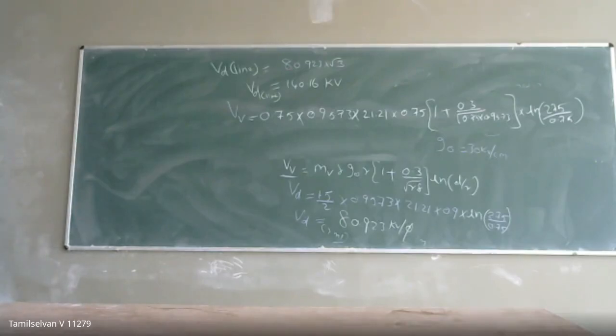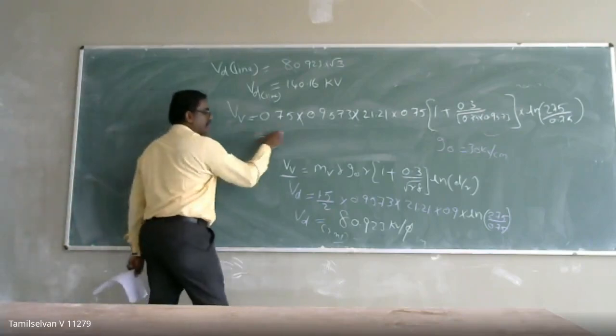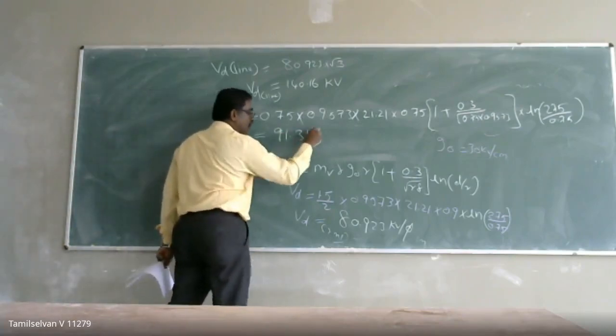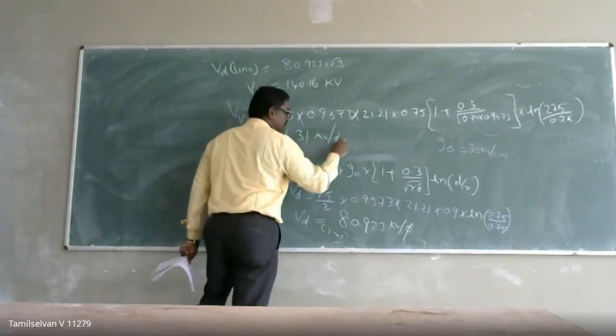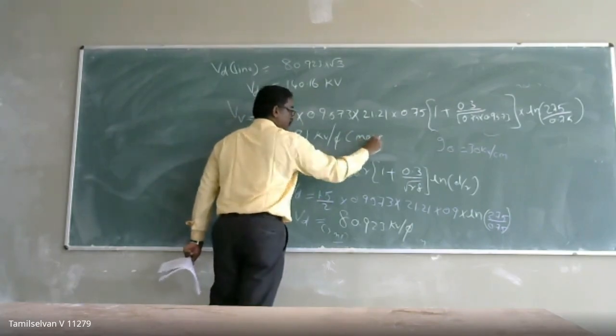Get me what will be the value? Multiply, you will get volts per phase is the maximum value.